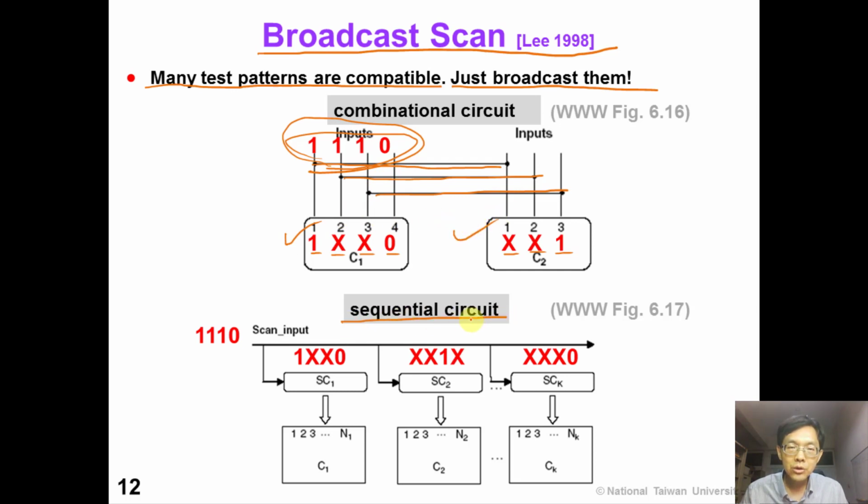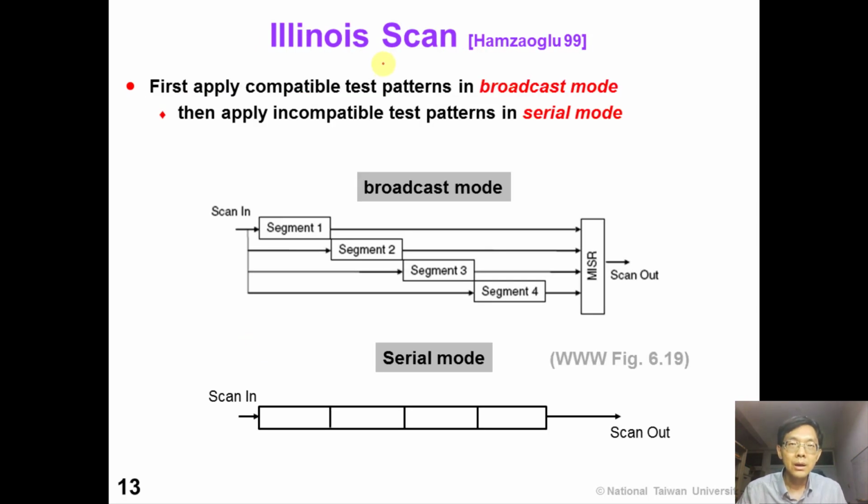Similarly, for sequential circuits, suppose 3 circuits require the same compatible test pattern. We can tie their scan input together and broadcast this test pattern 1110 to these 3 circuits. And then University of Illinois also proposed a similar idea called Illinois scan.